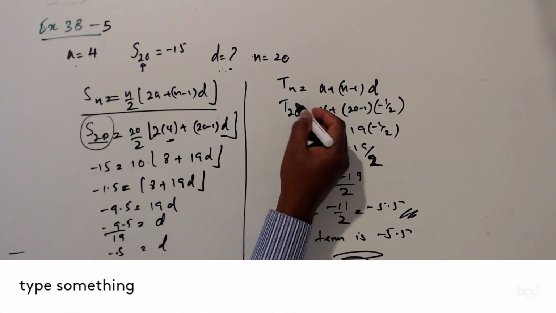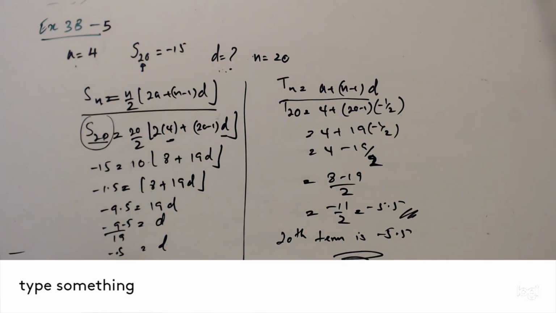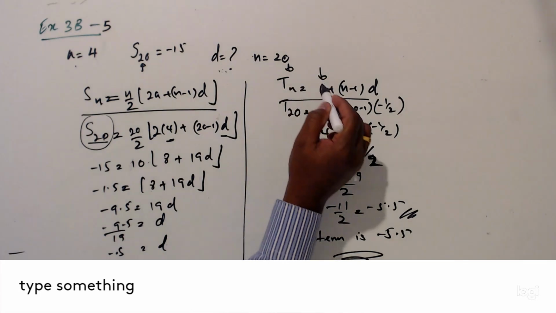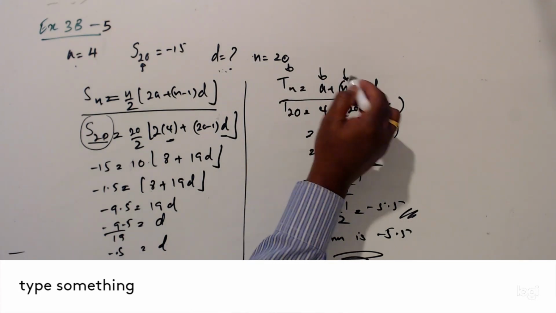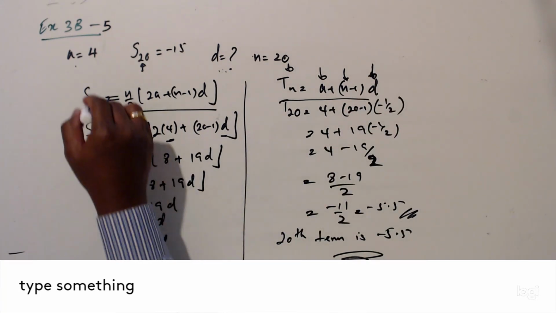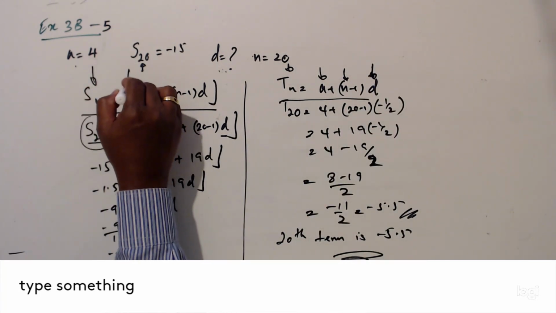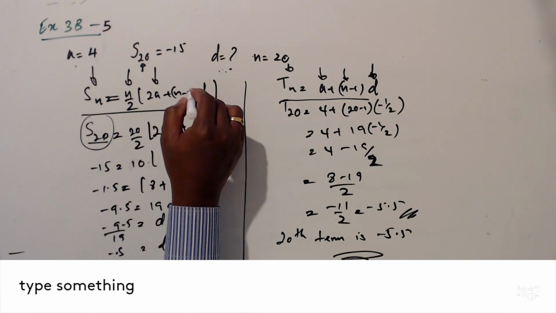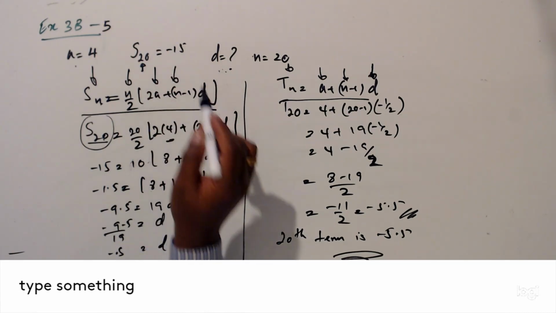Same as this equation, Tn equal a plus n minus 1 times d, that is also a linear equation, one equation. So how many unknowns? First one, second one, third one, and fourth. Here also first, second, third, and fourth.